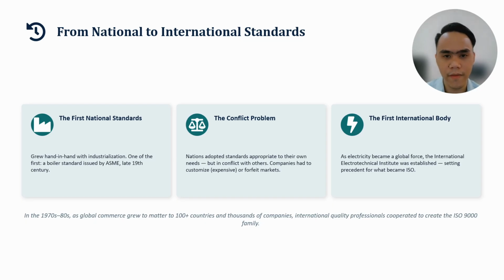Then, in the 1970s and 1980s, as global commerce became a matter of interest to more than 100 countries and thousands of companies, a major cooperative effort of international quality professionals led directly to the ISO 9000 family of standards. So it's worth knowing exactly what ISO is.